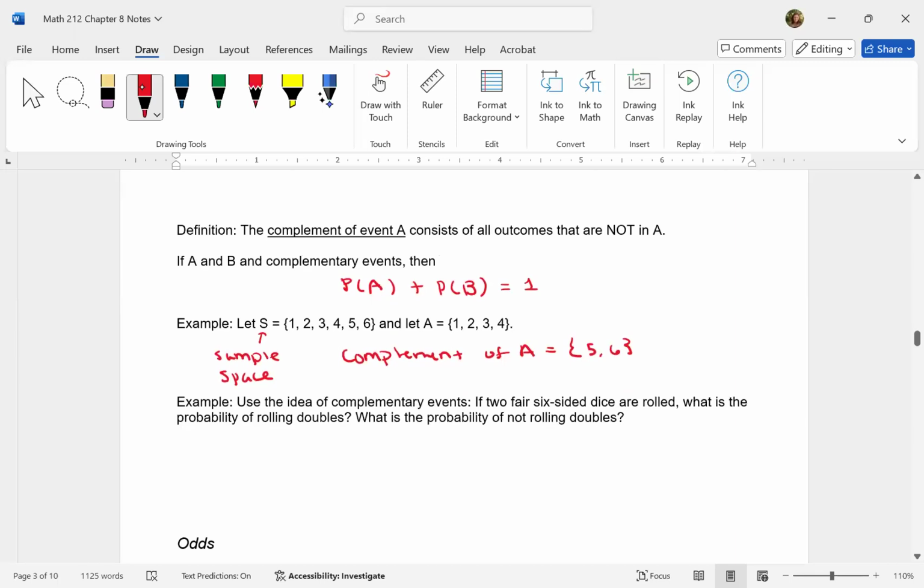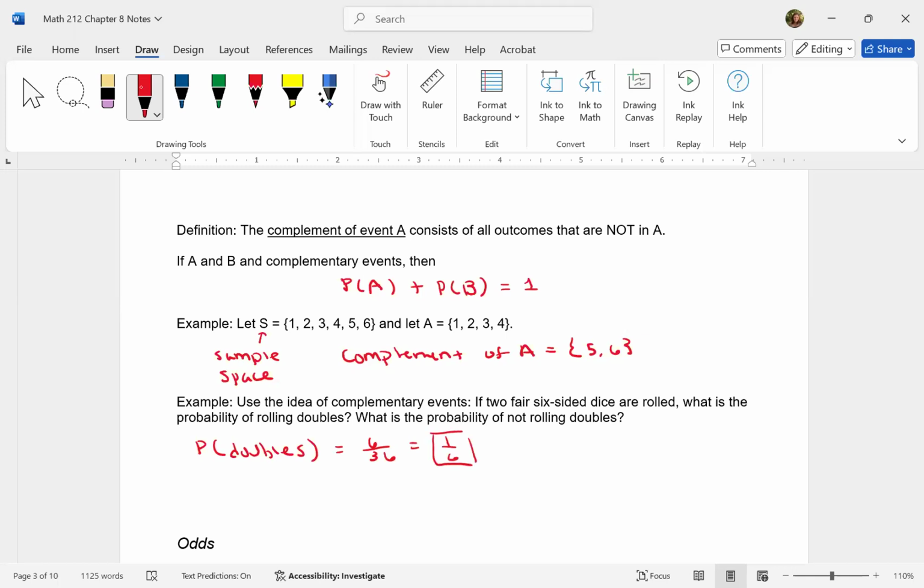So using the idea of complementary events, if two fair 6-sided die are rolled, what is the probability of rolling doubles? And then what is the probability of not rolling doubles? Okay, so two questions here. Probability of rolling doubles. So you can go ahead and refer back to that picture, and doubles will end up being along the diagonal there. And so the probability of rolling doubles, I believe there's 6 along that diagonal out of 36 total, which gives us 1/6.